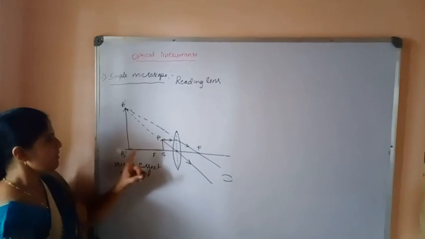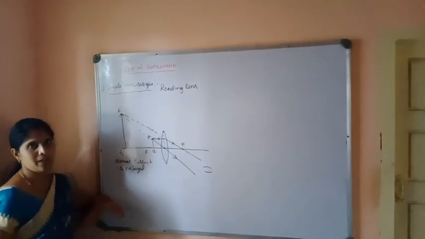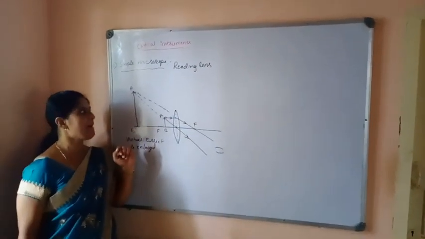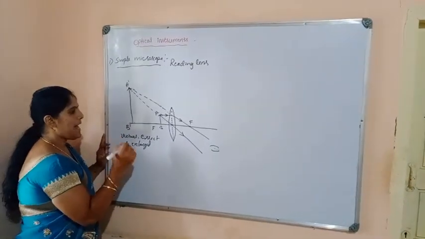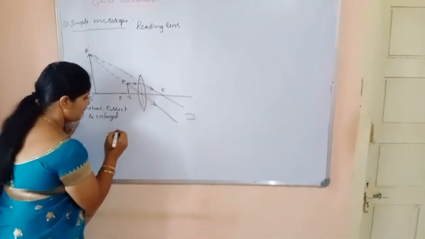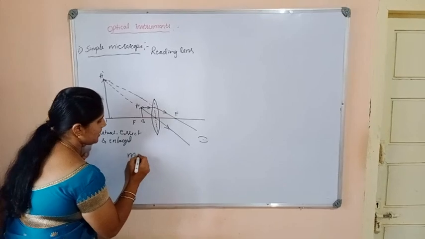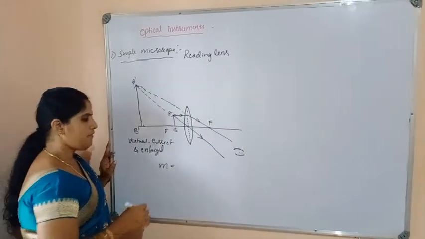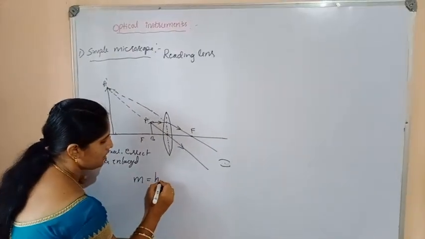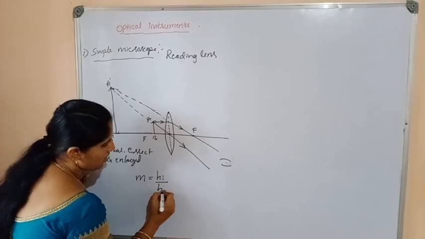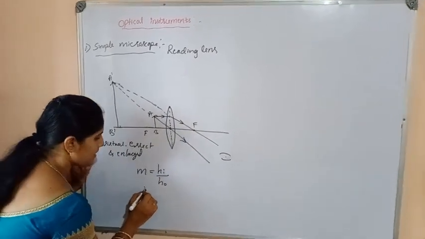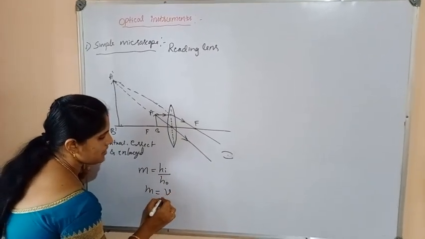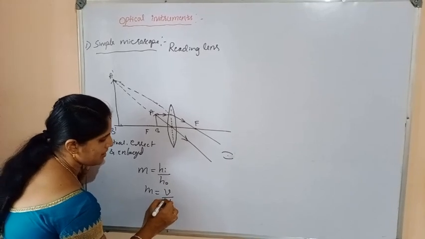For this we have to write a formula for the magnification. We know that magnification is the ratio of the height of the image to the height of the object, or the ratio of image distance to object distance.